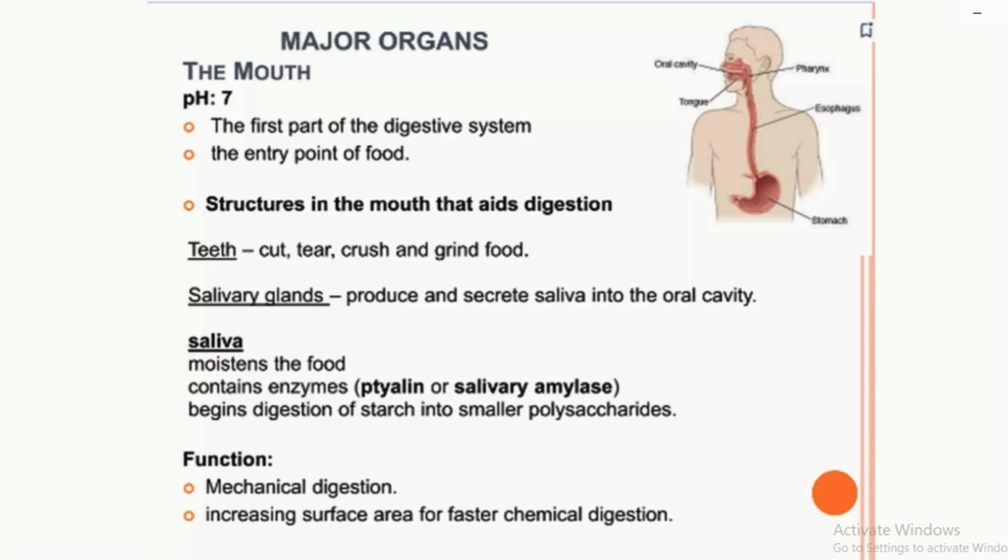So what is the function of the mouth? Basically, it helps in the mechanical digestion in the digestive system. The first event which starts the mechanical digestion is inside the mouth. It also increases surface area for faster chemical digestion. So the first digestion of the food will occur in the mouth.